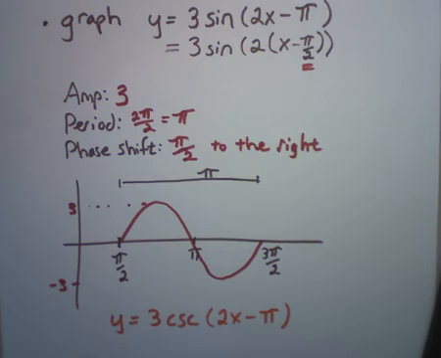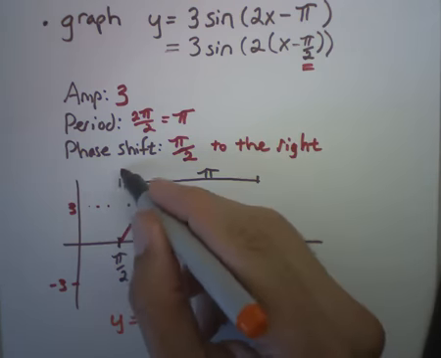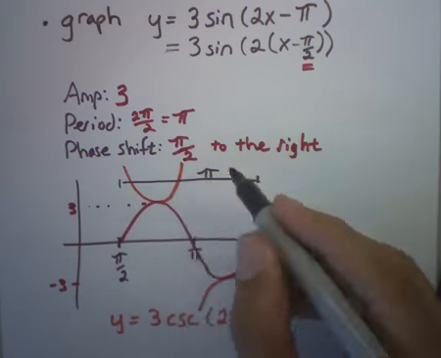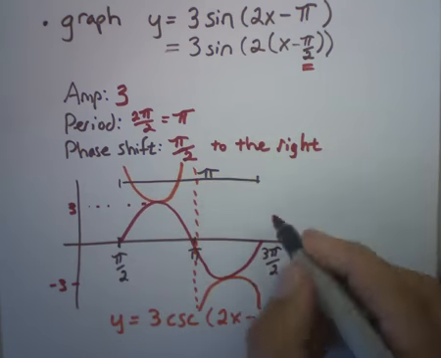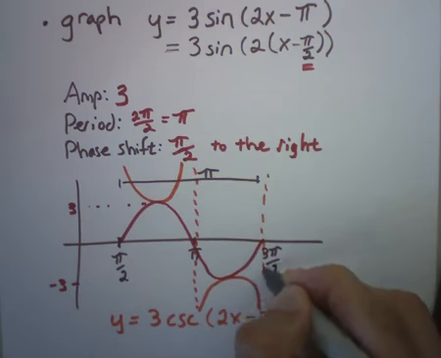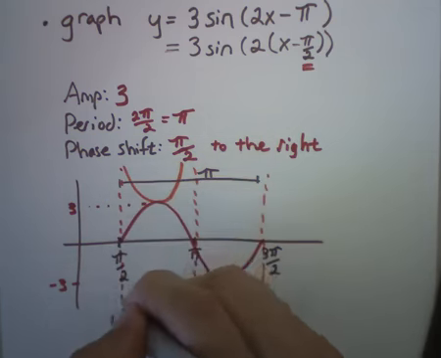And then the only things I would have needed to do to make it cosecant, which I'll just do now, are to say it should bounce off of that, it should bounce off of that, it should have an asymptote right here at pi, it should have an asymptote at 3 pi over 2, and it should have an asymptote at pi over 2.